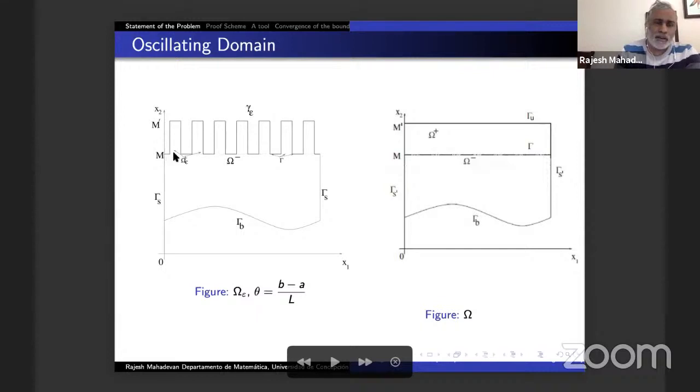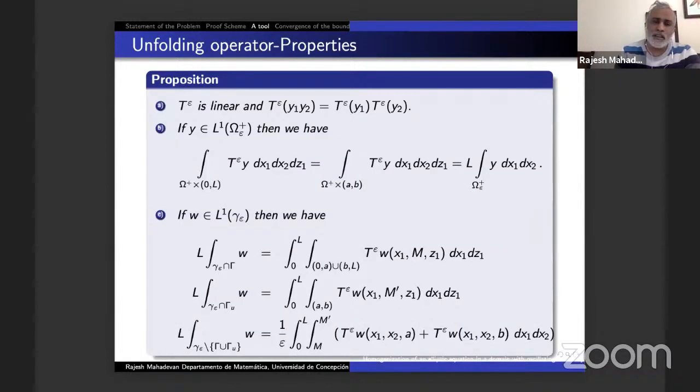So the original integral over this domain scales as epsilon, so that will account more or less for the oscillations.